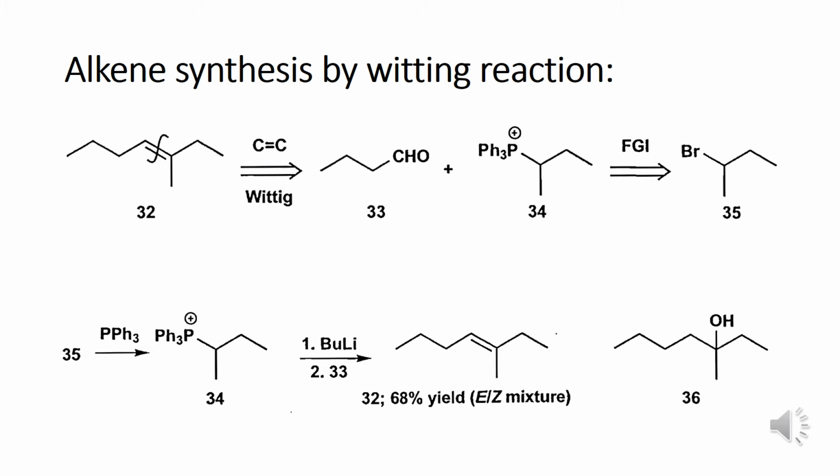The synthesis is straightforward, but does produce a mixture of the geometrical isomers. This is another case where dehydration, even of the tertiary alcohol, which you can see in the reaction, that is structure 36, would probably give a mixture of positional and geometrical isomers.